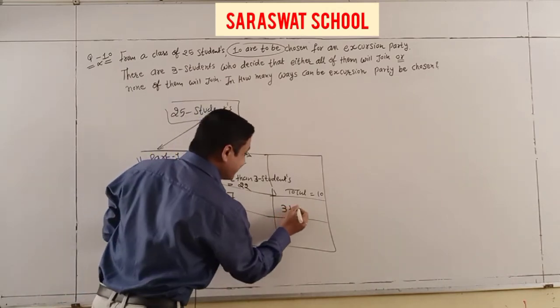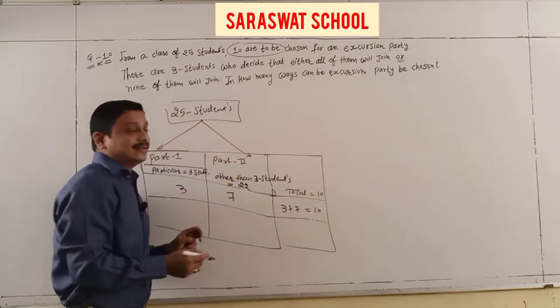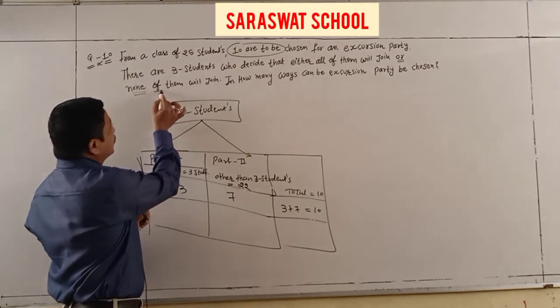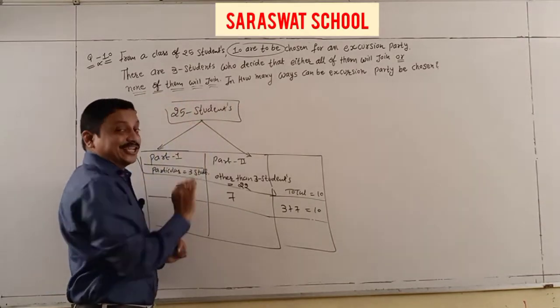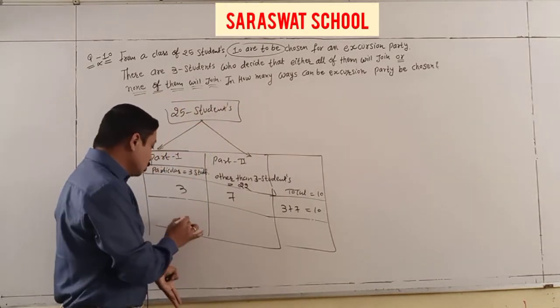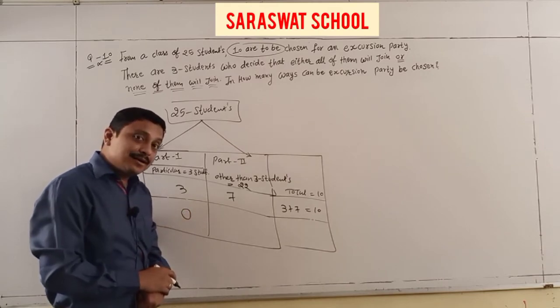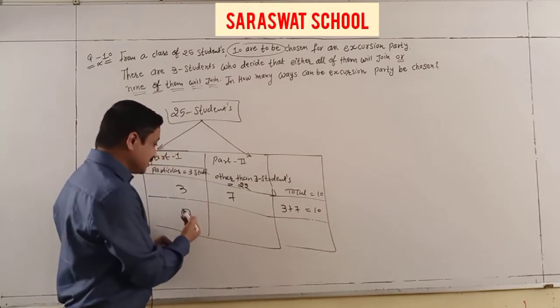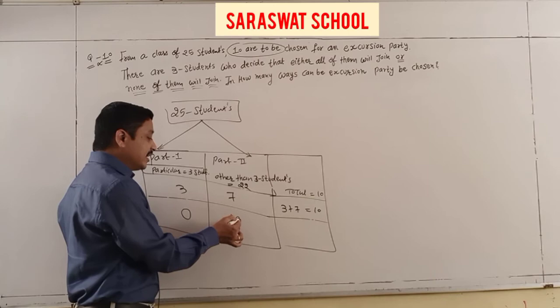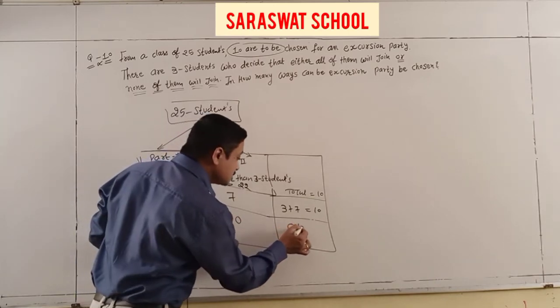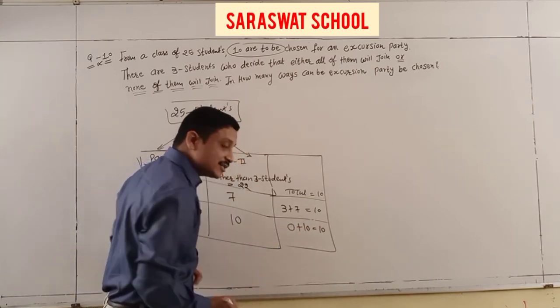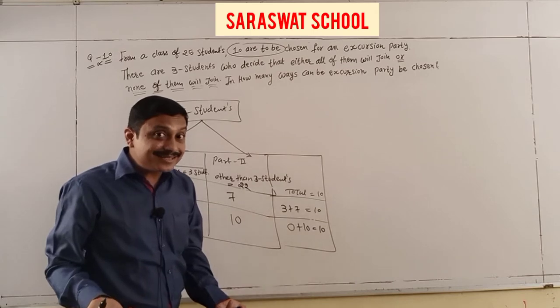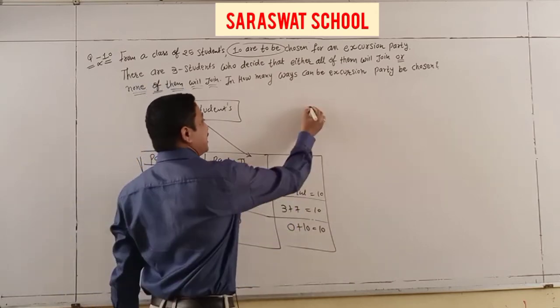So 3 plus 7 become 10. Otherwise, read your next condition: none of them will join. None of them means no one goes, not single, not double. So here 0. Here definitely I can write 10, because I want a total of how many persons? 10. Yes.